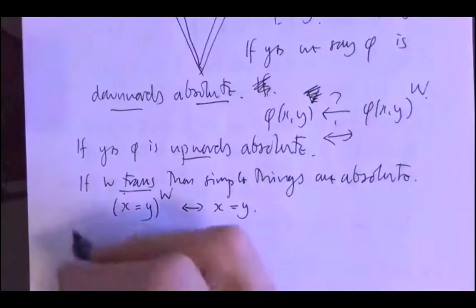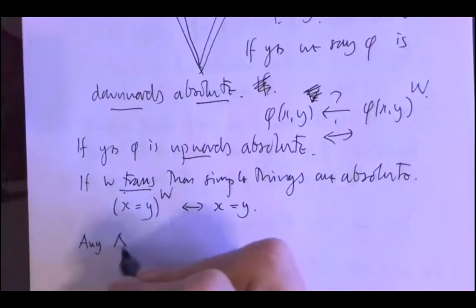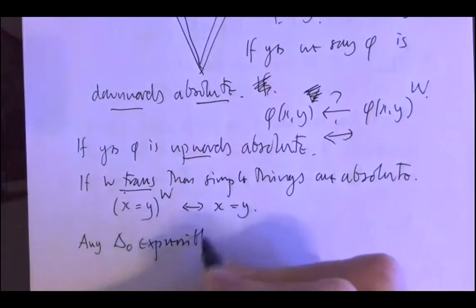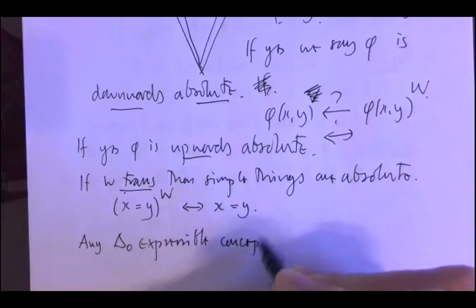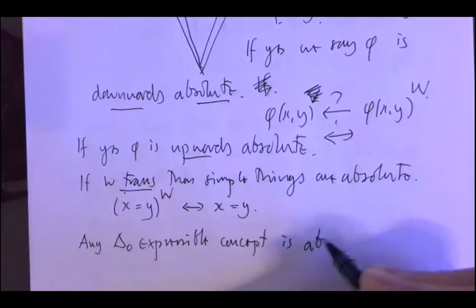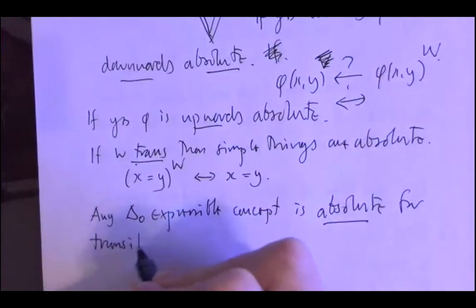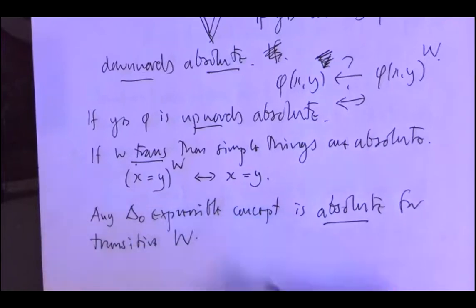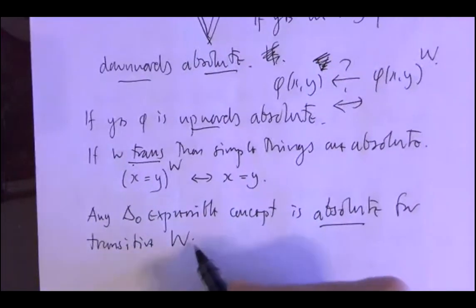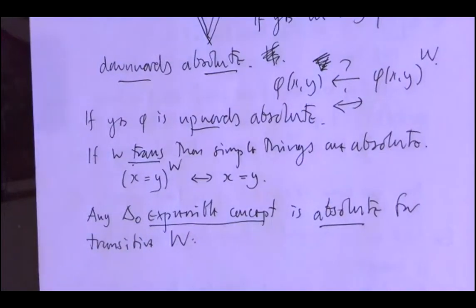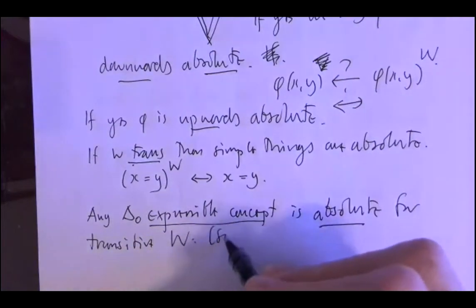So in fact, any delta naught expressible concept is absolute for transitive W. In chapter 3, we saw quite a lot of delta zero expressible concepts.